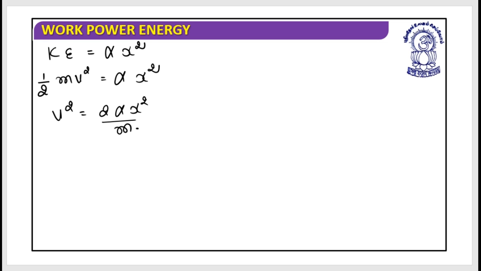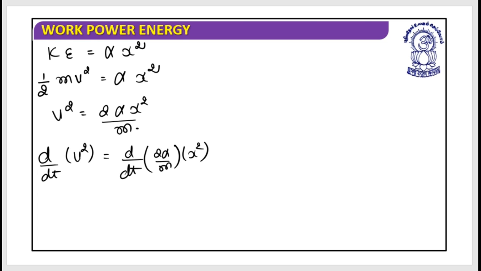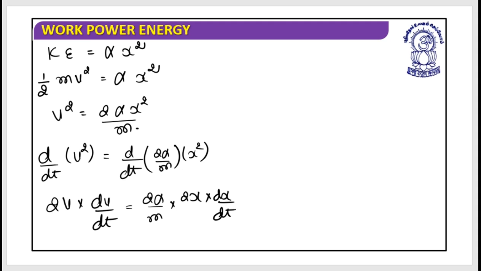Let's differentiate it with respect to time. d by dt of v square equals d by dt of 2 alpha by m into x square. d by dt of v square is 2v multiplied by dv by dt, that should be equal to 2 alpha by m, as it is a constant, times d by dt of x square, which is 2x into dx by dt.